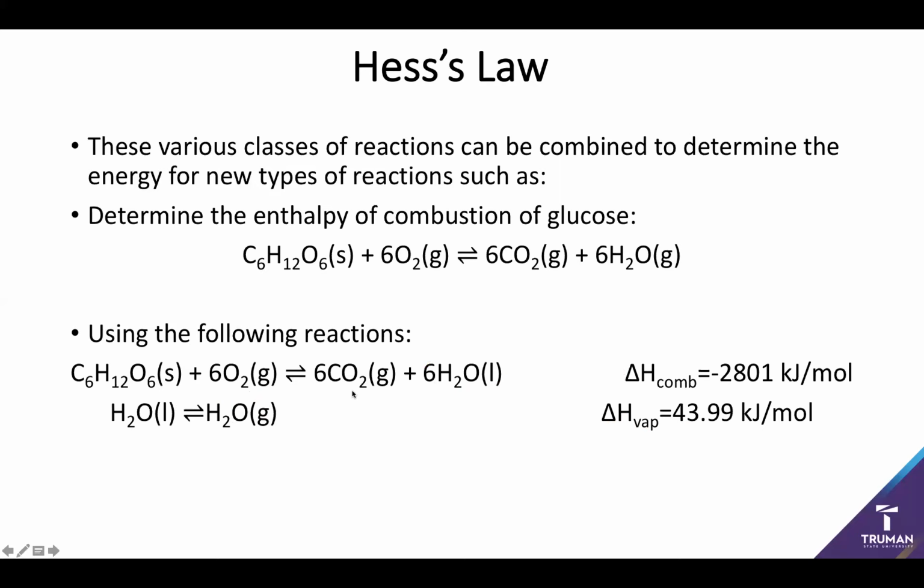If I'm combining these reactions, I'd have to add in 6 of this reaction. My 6 waters cancel out, and I'll have 6 water molecules in the gas phase. So again, I'm doing the exact same thing with my enthalpies, where I take the enthalpy of combustion plus 6 times the enthalpy of vaporization.